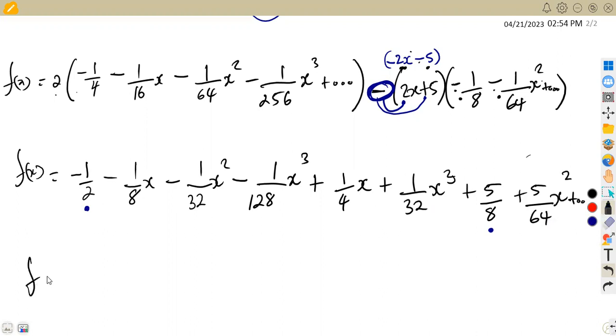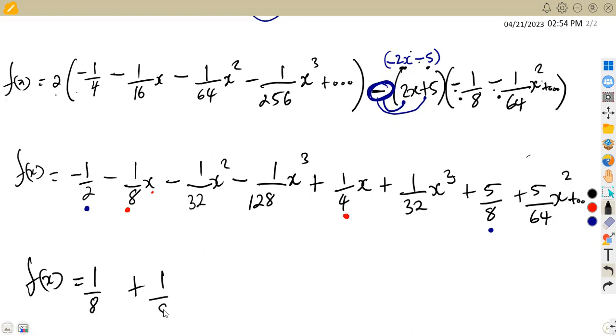So that means our f of x is going to be equal to -1/2 plus 5/8, which gives us 1/8. We move on to the terms with x. So that's -1/8x plus 1/4x, which is going to give us 1/8x.